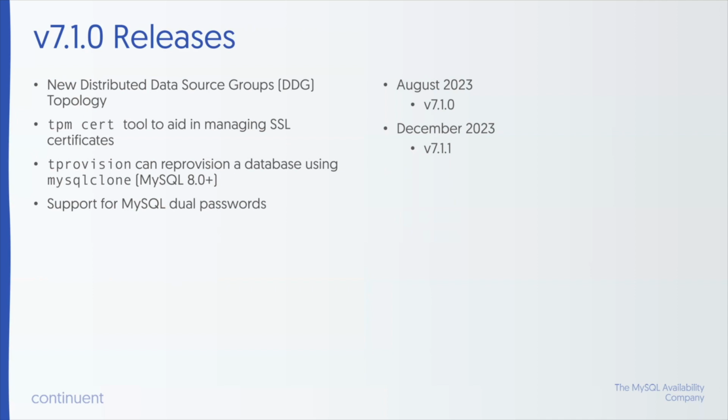We also have support for MySQL dual passwords, and there's a few other new features that are starting to come through in this 7.1.0 release. And again, as I mentioned at the start, all of this can be viewed in the consolidated release notes. And at the time of recording, the last 7.1 release that was published was 7.1.1 in December 2023.